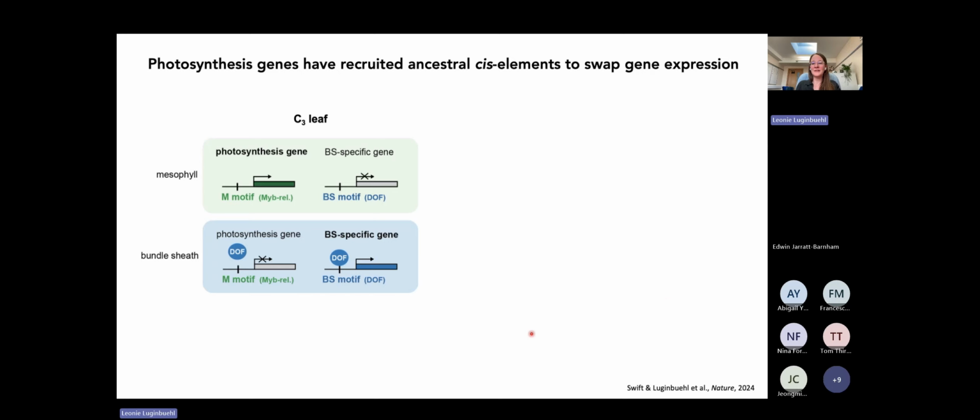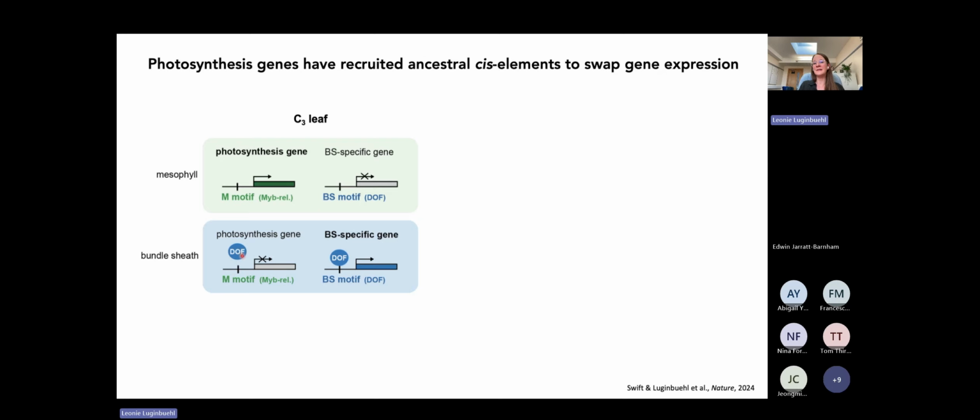And just to summarize this part of the talk and end with a model that we now think explains at least some of the mechanisms for the evolution of C4 photosynthesis. We think that in an ancestral C3 leaf, photosynthesis genes are active, particularly in the mesophyll cells, because they contain these mesophyll cis elements like the MIB-related transcription factor binding sites, whereas because they only contain these mesophyll motifs, they can't actually be activated by the DOF transcription factors.